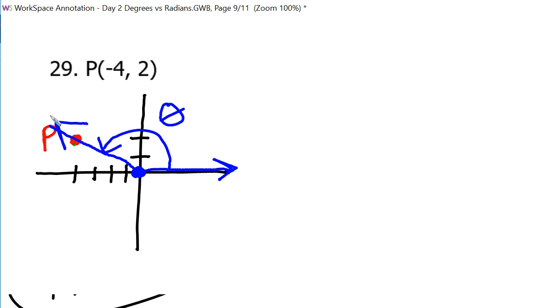So if this is the right triangle that I'm using, we need to be looking at this angle that's between the terminal side and the x-axis. Since we already used theta over here, I'm going to call this theta with a subscript of r, and that stands for a reference angle. So this is our reference angle to find those trig values for theta. We're going to be using this reference angle to solve it.